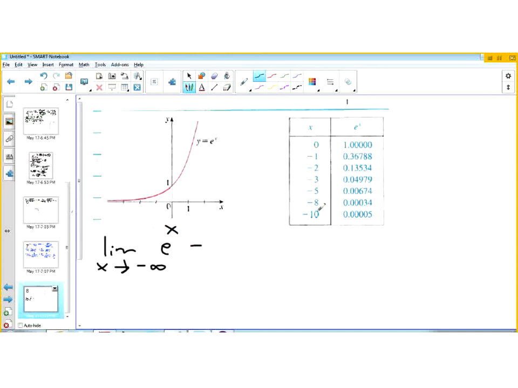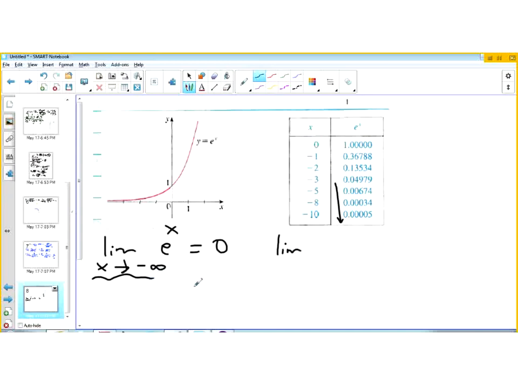By the function table, you can see that as x grows very, very small, that is toward negative infinity, observe the patterns of outputs. They're getting closer and closer to 0, and that's validated by the graph. So this limit is equal to 0, right? And so that brings up the next problem, and that is we can change the index of the limit.